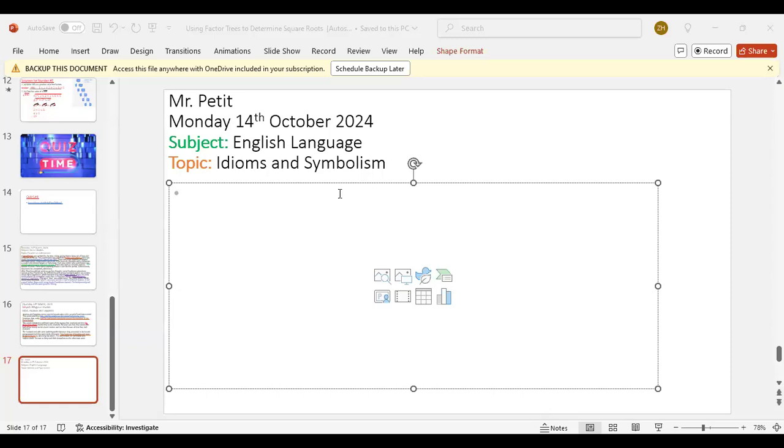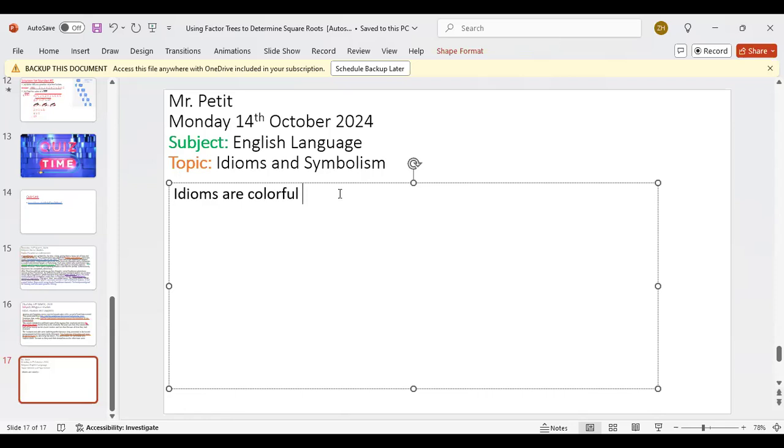Okay, so let's write this down. So we're gonna be looking at idioms and symbolism today. So, idioms. Let's start. Idioms are colorful expressions that add flair and nuance to language. So it has to be colorful, right?